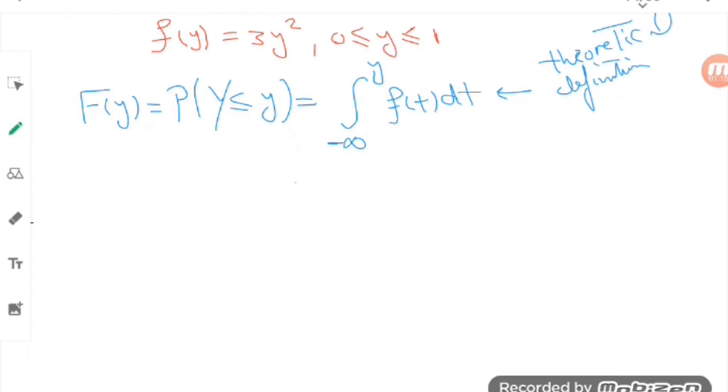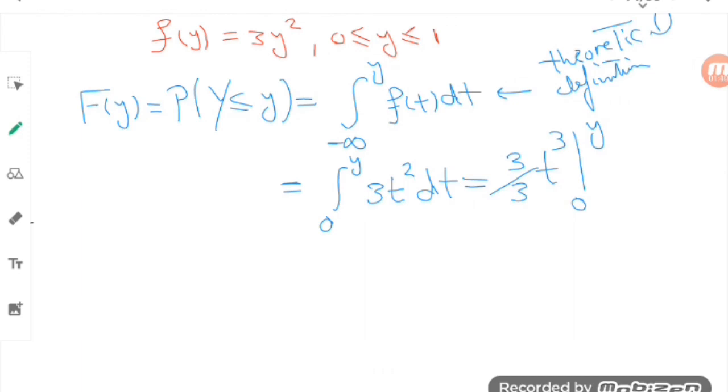Move to our exercise. All we need here is to substitute the lower limit with 0, and here we still have y in the upper limit, and then we substitute the PDF in terms of t, which is 3t to the power 2 dt, which is equal to 3 divided by the new power, t to the power 3, from 0 to y.